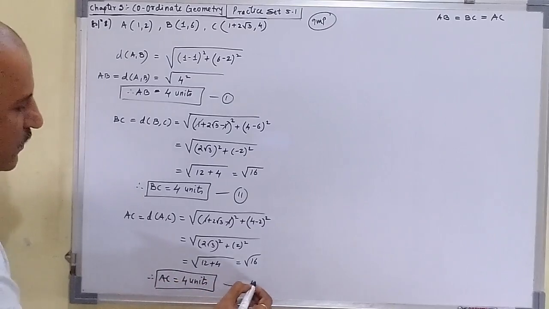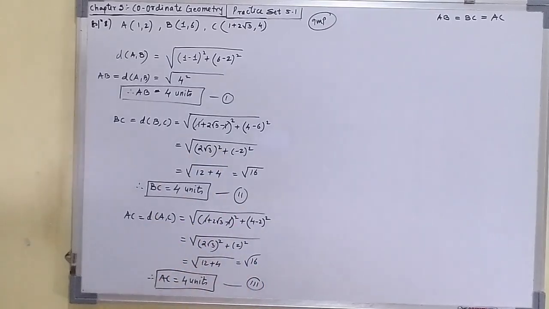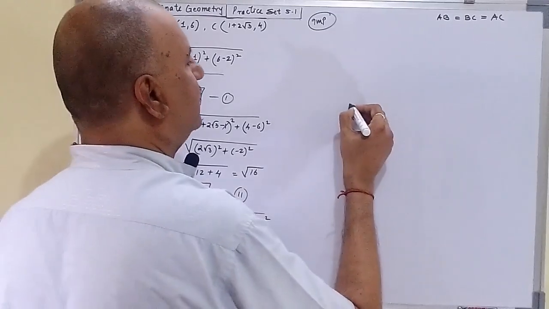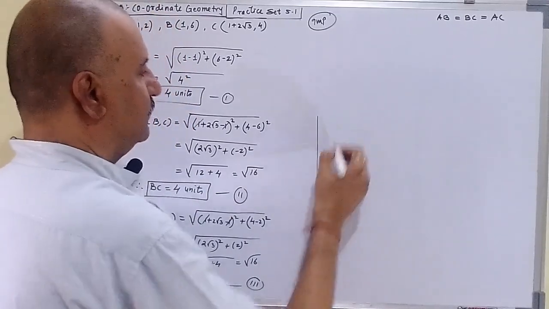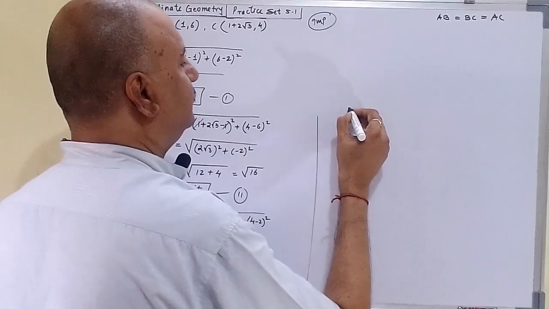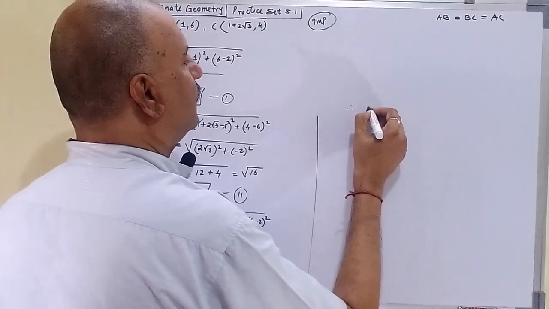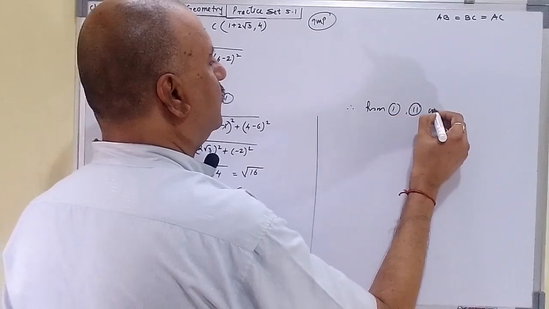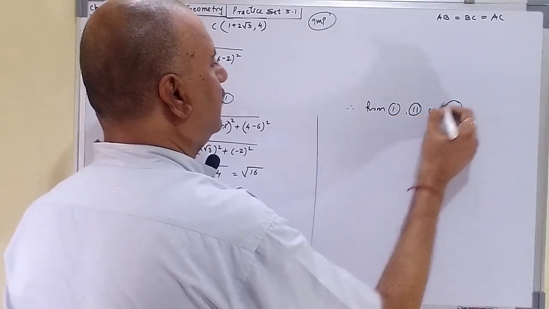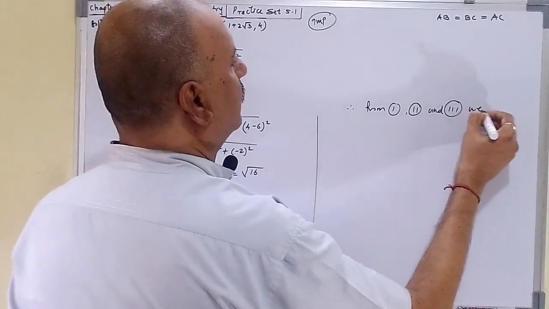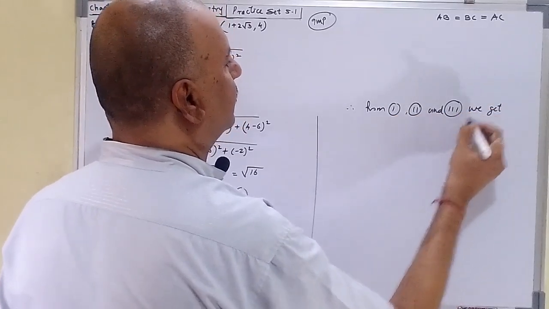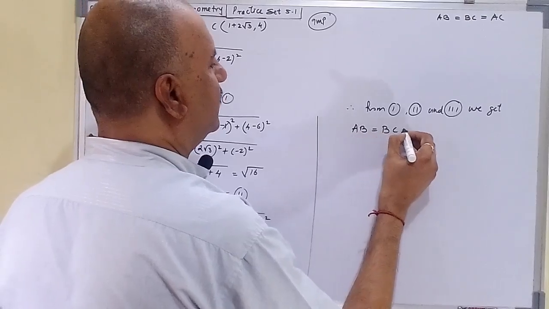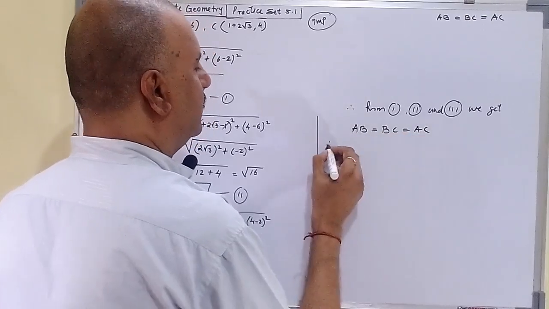From 1, 2 and 3, what do we conclude? All sides are equal. Therefore, from 1, 2 and 3, we get AB equal to BC equal to AC.